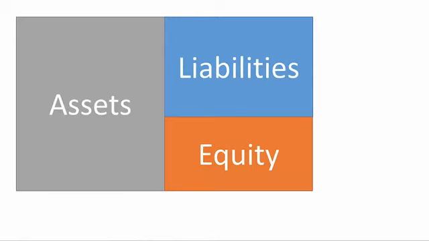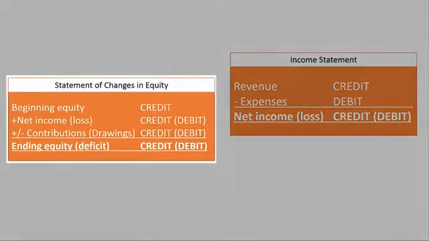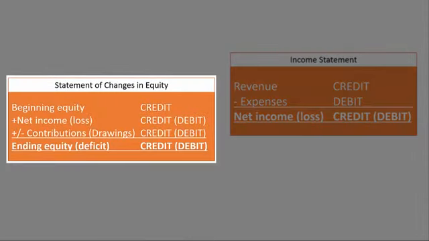So there's another statement that helps give a little more insight into equity, namely the statement of changes in equity. To complete your understanding of the debits and credits, we need to understand the accounts that make up the statement of changes in equity. This statement tracks the continuity of the balance of equity from the beginning of the period to the end of the period.